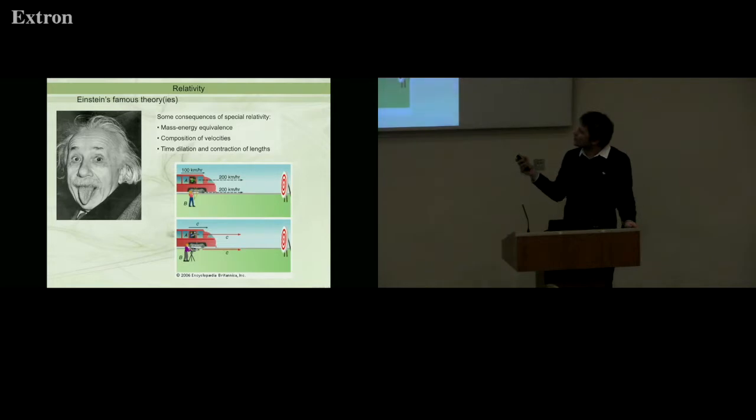So what would be the speed for the arrow at the target from the person on the ground? It will be 200 kilometers an hour. What would be the speed recorded for the person on the train shooting the arrow? So 300 kilometers an hour, right? So one speed plus the other one.